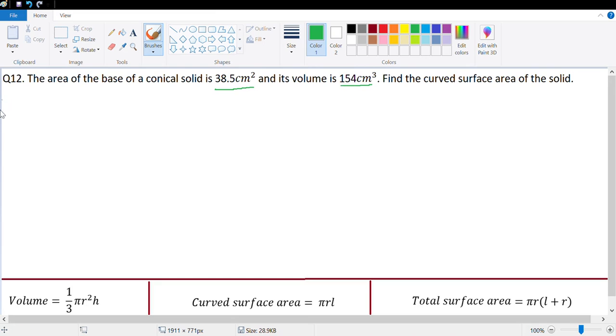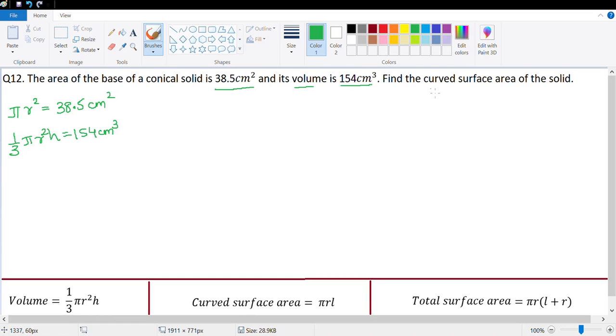So the base of a cone is in the form of a circle, which means what is given is pi r square is equal to 38.5 centimeter square. We know the volume is given by the formula 1 by 3 pi r square h is equal to 154 centimeter cube.